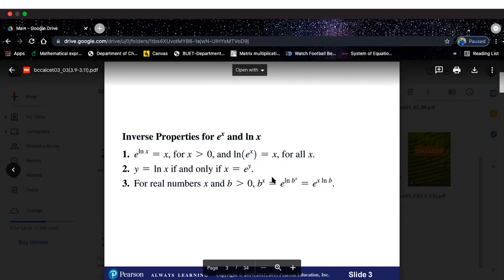And I really hope and believe that you have seen this as well: if you have y equals natural logarithm of x, you can actually rewrite it as this single variable, whatever you have here, equals e to the this. So this is actually true for any equation of this format.